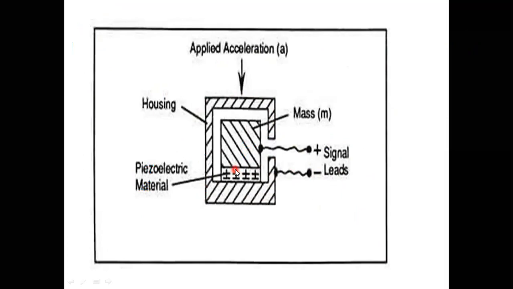It may be made of different materials like quartz, Rochelle salt, tourmaline, lithium hydrogen phosphate, lithium hydrogen sulfate, dipotassium tartrate, ceramics A, and ceramics B. There are so many materials to construct this piezoelectric crystal.